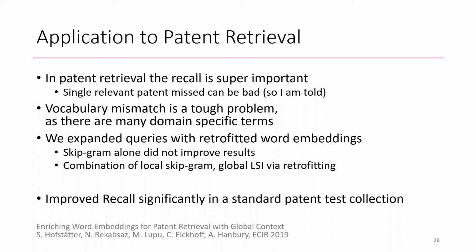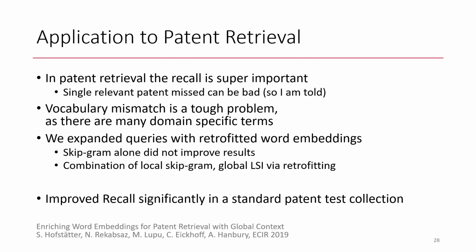Now, if you have a vocabulary mismatch, so you don't directly find your document or your patent, even if you click through all results, as there are many domain-specific terms in patents, you should expand the queries, right? And we expanded the queries with retrofitted word embeddings, and we showed that if you use the word embedding alone to expand the query, you do not improve the results.